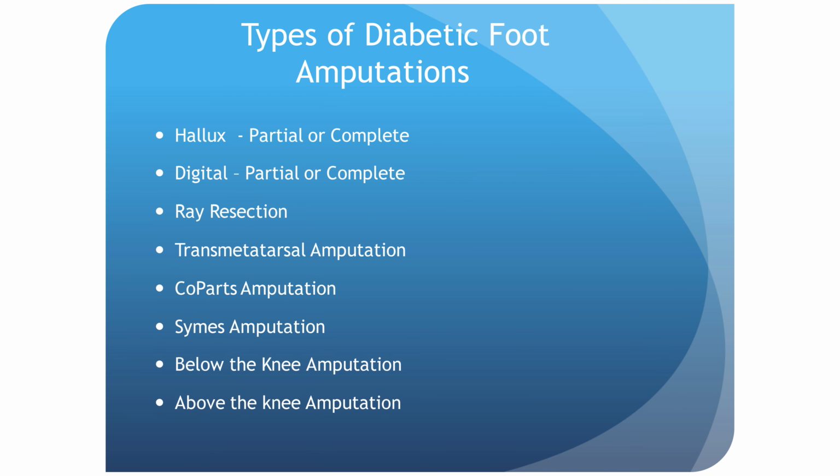Sometimes the infection goes to the forefoot, and we'll have to do an amputation called a transmetatarsal amputation, where we remove all of the toes and flush out the infection and hopefully help this patient heal the amputation site with a plantar flap.